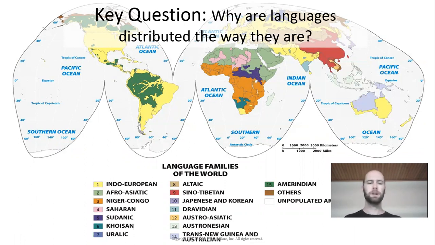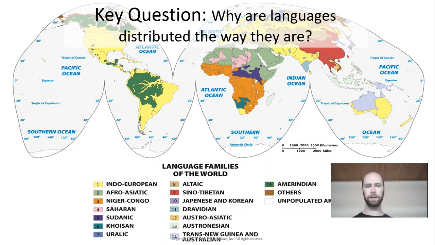Some linguists say that it should be split further because certain languages are pretty distinctive from each other within the same family. So we have the Indo-European language family, which is the yellow one, which is, I guess, the spread of English, but also all of the languages that came from Germanic or Latin origins. So the Romance languages, and then the Scandinavian, German, Dutch languages.